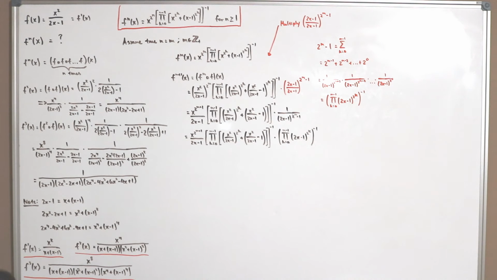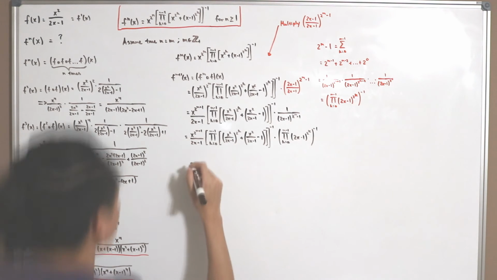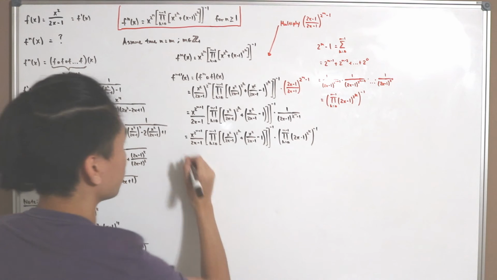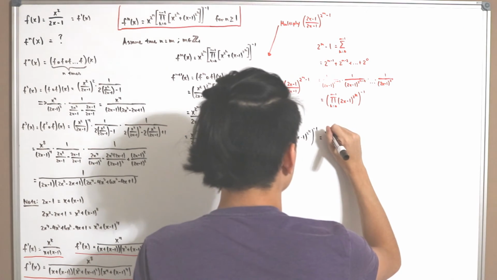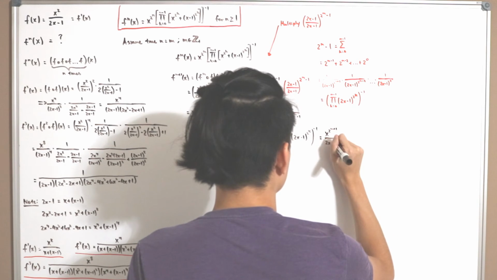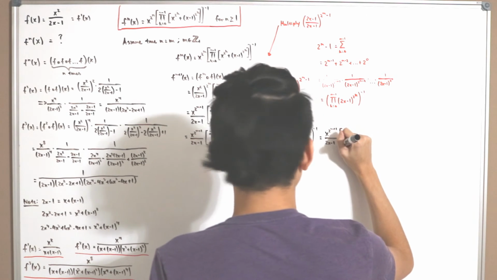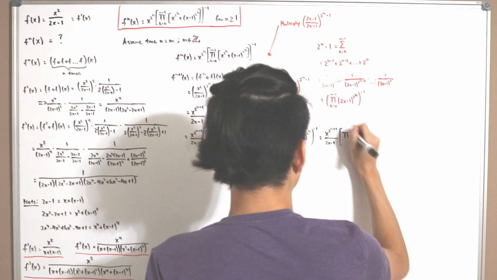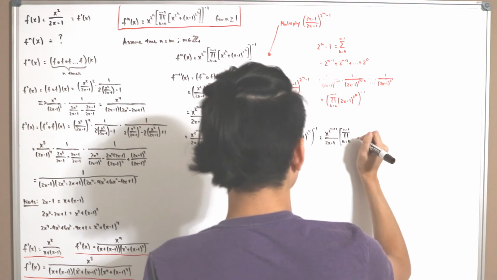Now, let's actually distribute our powers into both the numerators and denominators. So let me rewrite this again. Well, I'll probably have to write small, but I'll try the best I can. So 2x minus 1, and then the product, n minus 1, k is equal to 0.